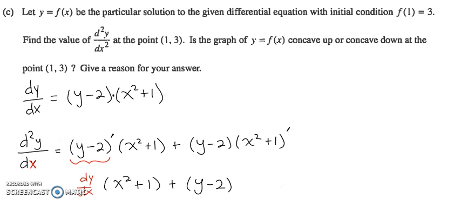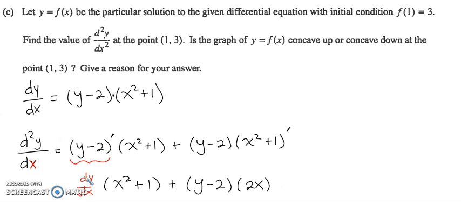Then bring down the rest, and the derivative of x squared plus 1 is just 2x. This one we don't have to multiply by dy over dx because we are differentiating with respect to x, and the variables are x, so it matches up nicely.